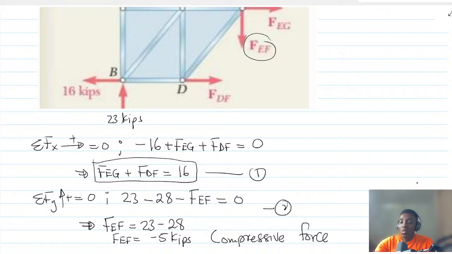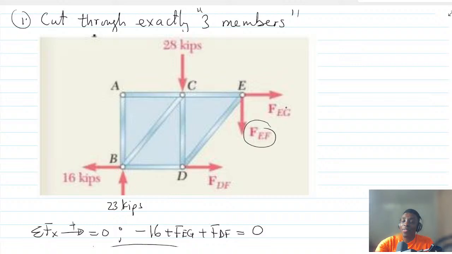Okay. So if you look at this carefully, if I look at FEG, I can take moment about E. When I take moment about E, what will happen? Taking moment about E, I will be able to eliminate one of these, either FEG or FEF.